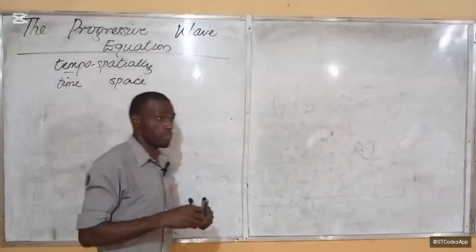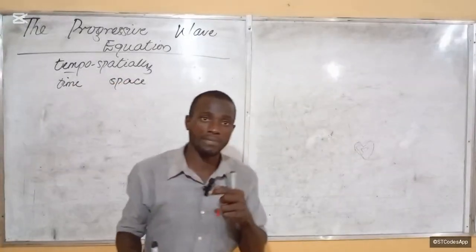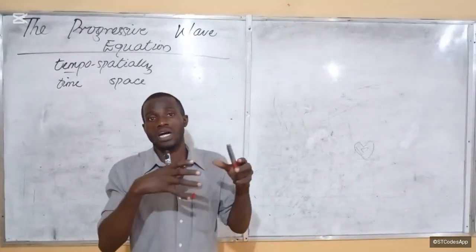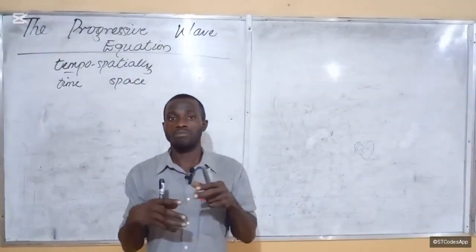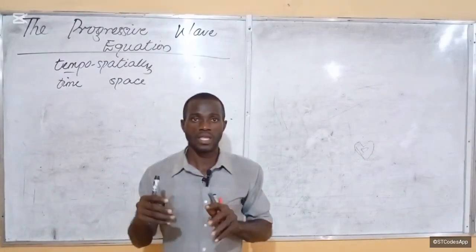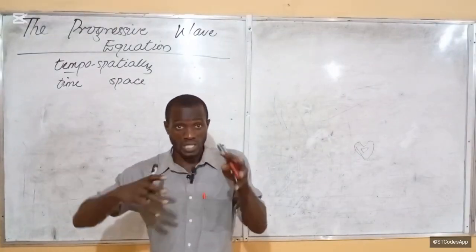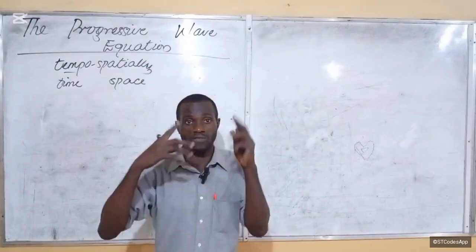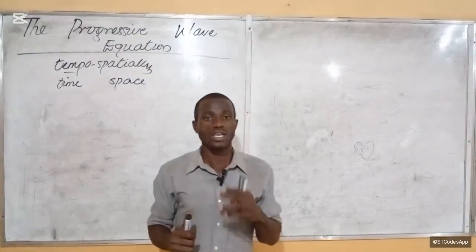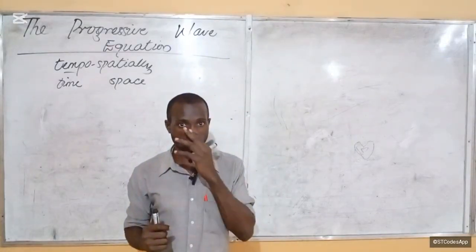So simply put, a progressive wave is just harmonic oscillation of a particle plus some phase difference between different oscillating particles. That's a wave. A wave is not seen as just one particle, and that's what some students might not even understand.